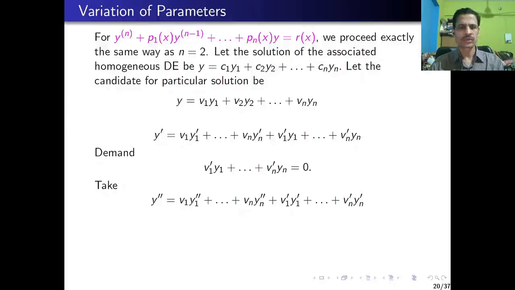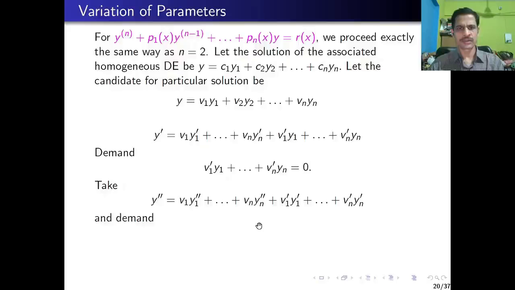So y double prime is equal to v1 y1 double prime plus dot dot dot plus vn yn double prime plus v1 prime y1 prime plus dot dot dot plus vn prime yn prime. So here only n terms were surviving for y prime, and when we differentiate we get 2n terms for y double prime.